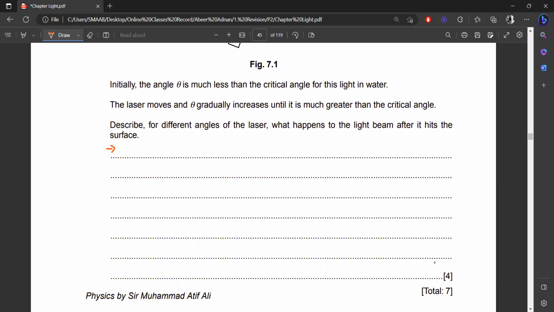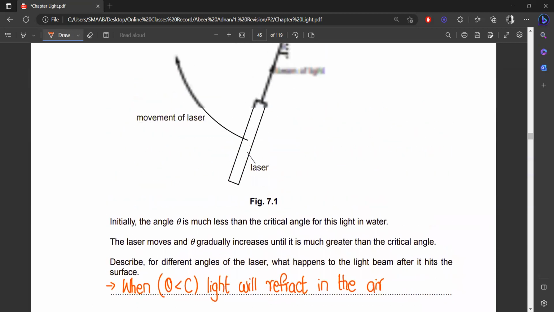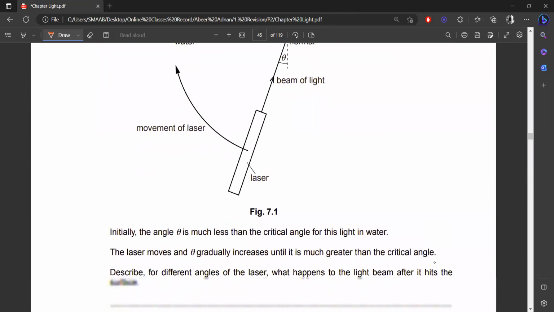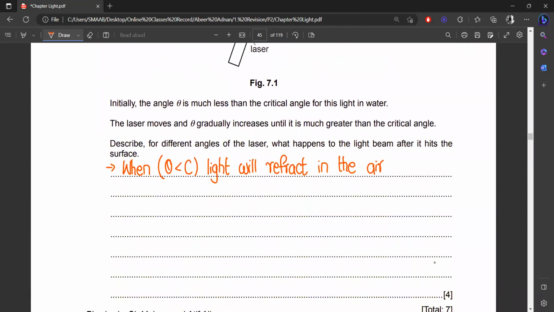So initially, when the angle is less than the critical angle, in air we move from a dense to a rare medium, from water to air, and most of the light will refract into the air, and a little will reflect at the surface, right?